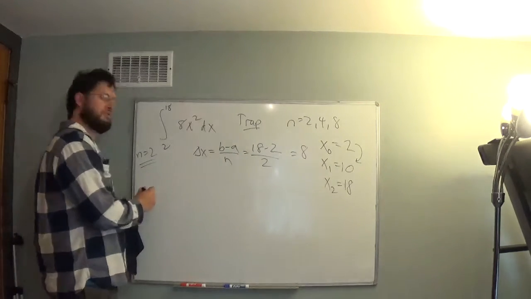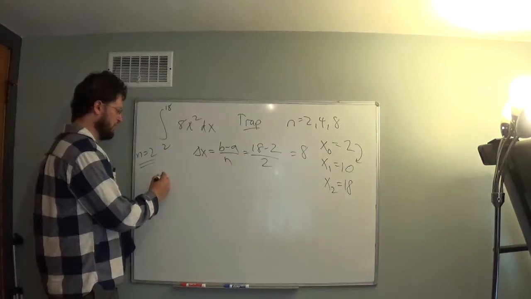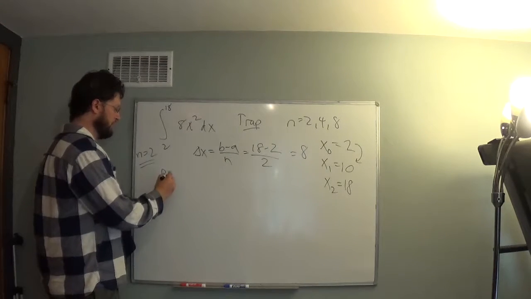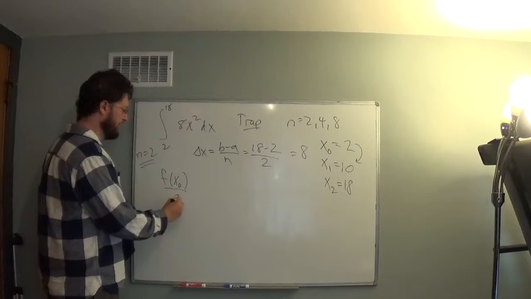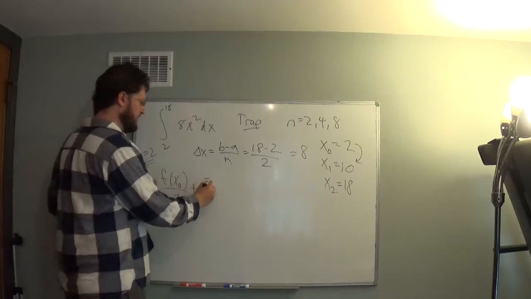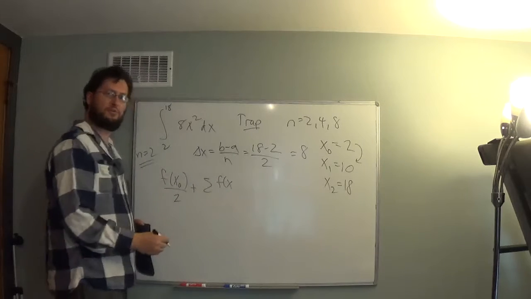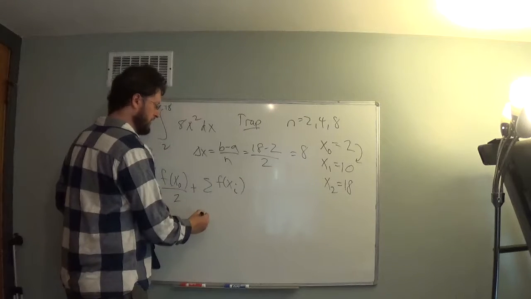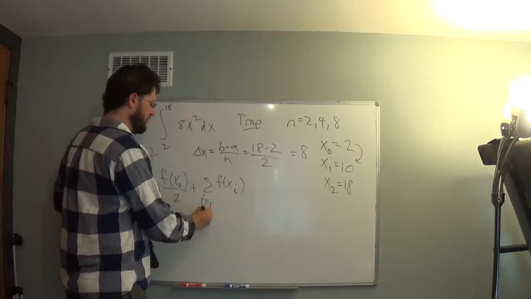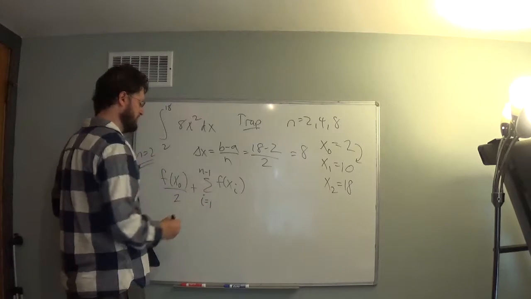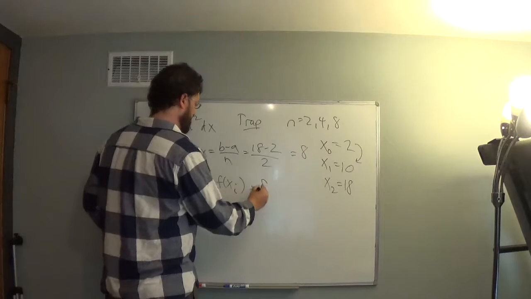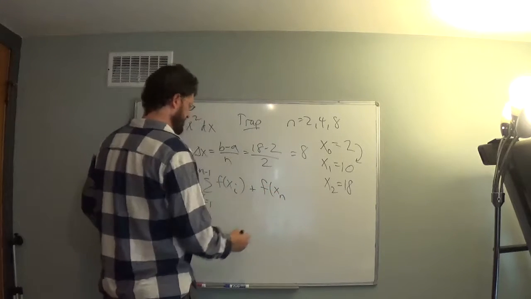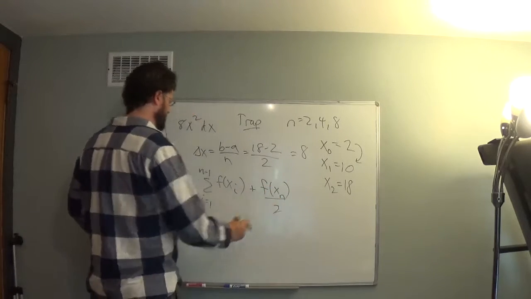The next step is to remember our formula for the trapezoid rule. The formula is f at x0 divided by 2, plus the sum of all of the middle x sub i's, so f at xi from i equals 1 to n minus 1, plus f at xn all over 2.